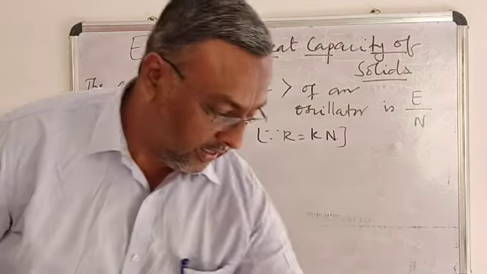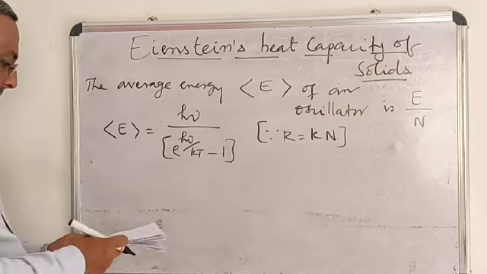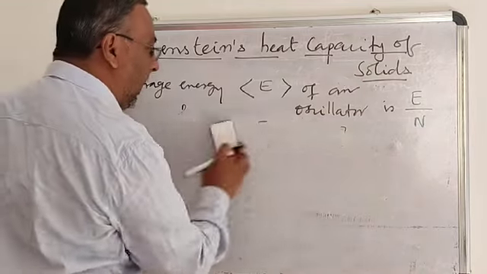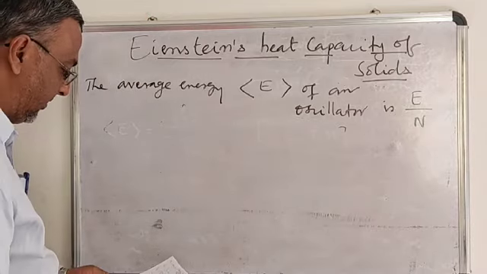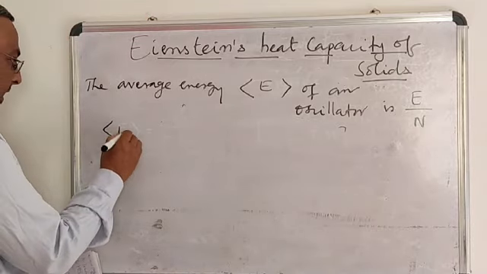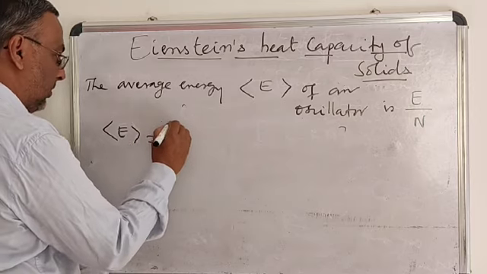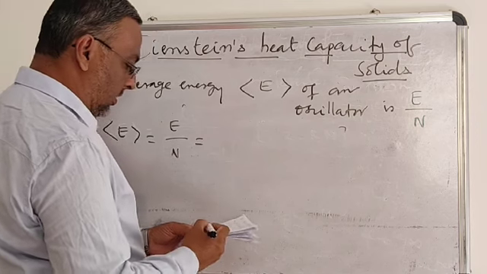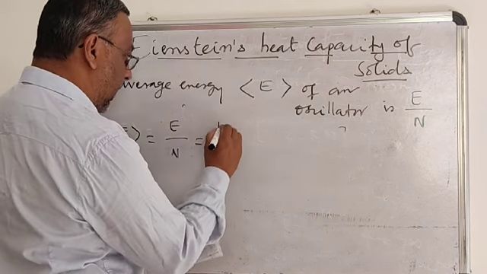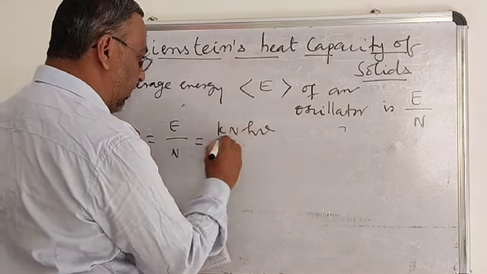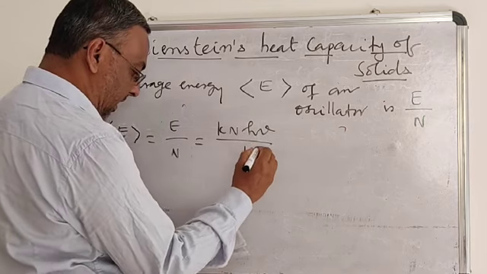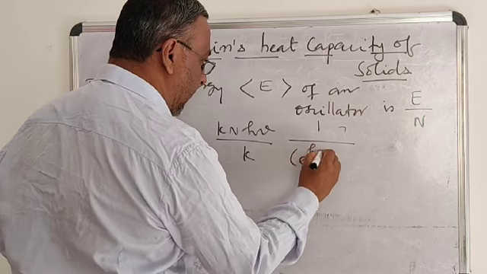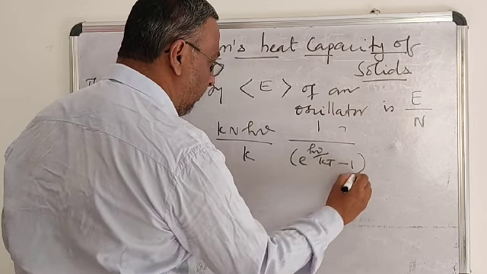So what happens? Here, this n we can cancel. For your easy understanding, I am writing the average energy E equal to E by n, which is equal to K n h nu divided by K into 1 divided by e power h nu by kT minus 1.